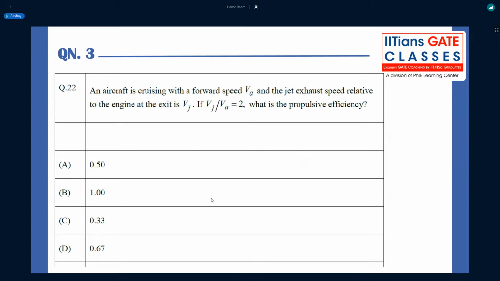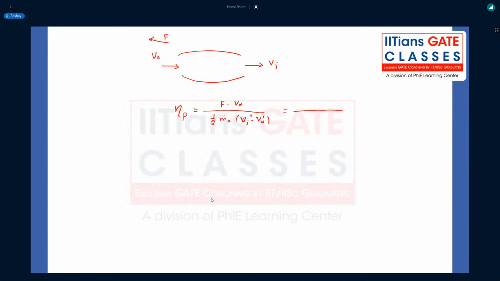So coming back to this question, I have a turbojet engine. We can define a propulsive efficiency with an optimum expansion, that is forward thrust power to the propulsive power. Thrust power can be written as mass flow rate of air times Vj minus Va, times Va, divided by half mass flow rate of air times Vj square minus Va square.